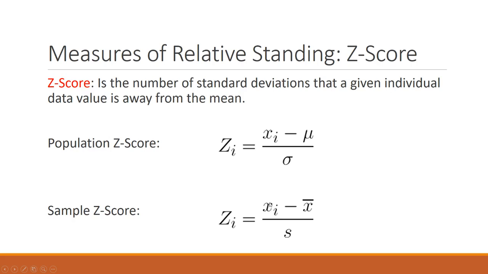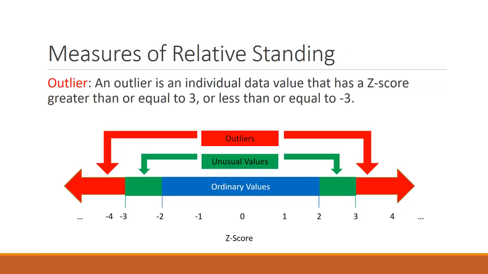This is our particular value minus the mean, divided by the standard deviation. That gives us a standard measurement of how far away our particular value is from the mean in units of standard deviations.